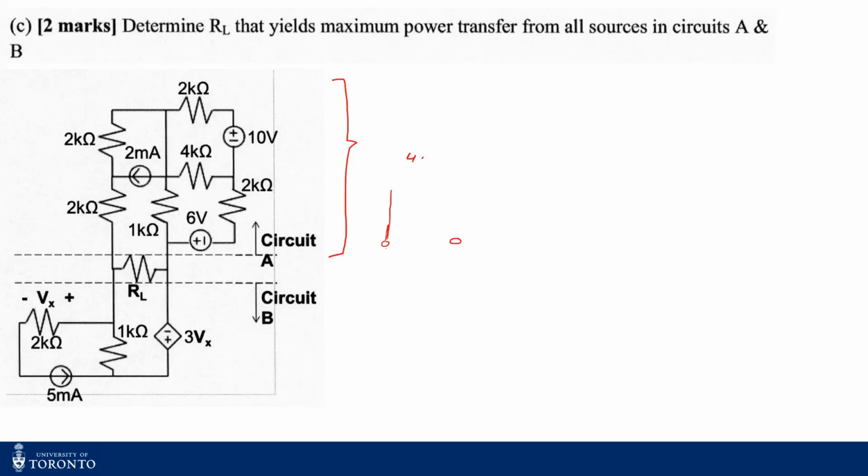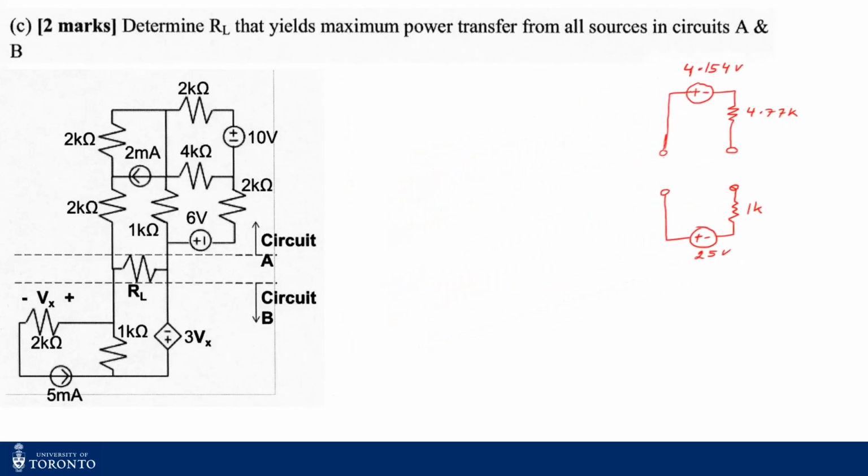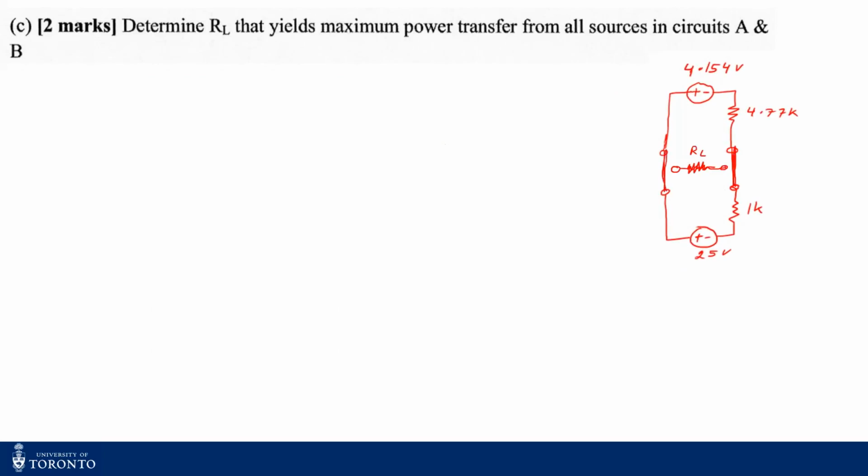Now, this is the circuit that we got earlier. The Thevenin circuit is shown here. I have adjusted the polarity of the sources to ignore the negative voltages. Now, if I plug in RL, what's going to be my RL for maximum power transfer?